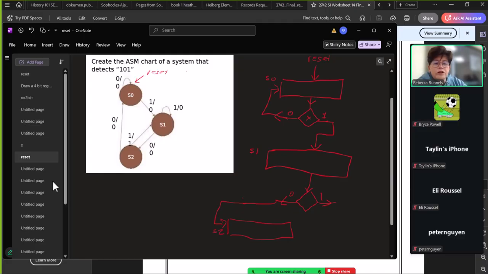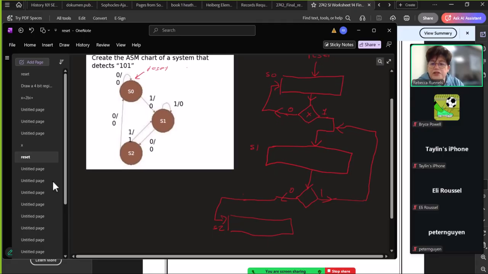And if our input is 1, we go back to S1 again with an output of 0.